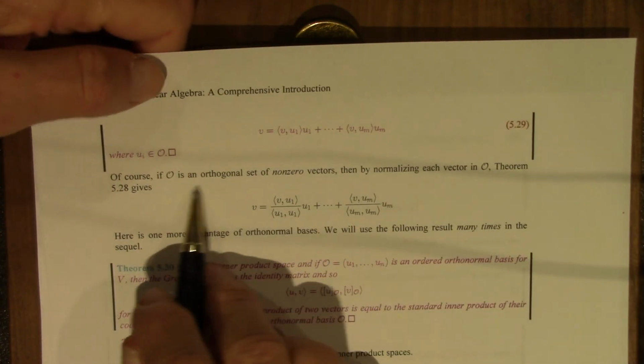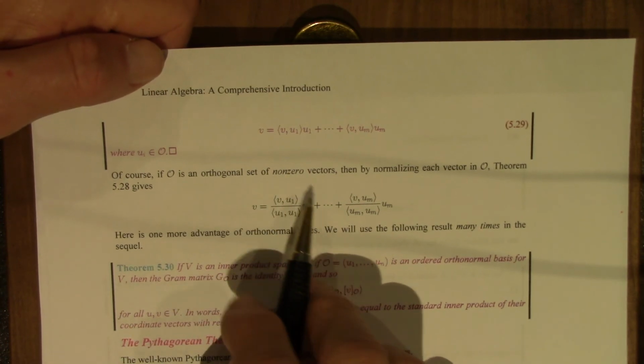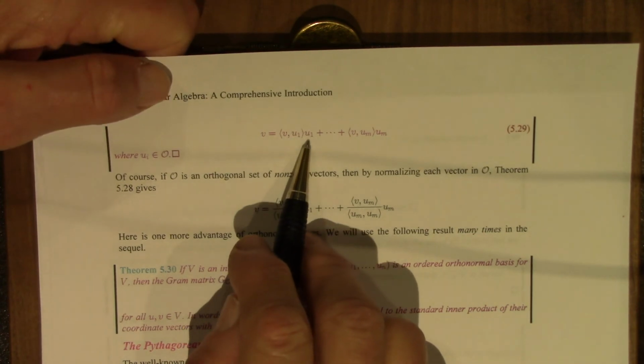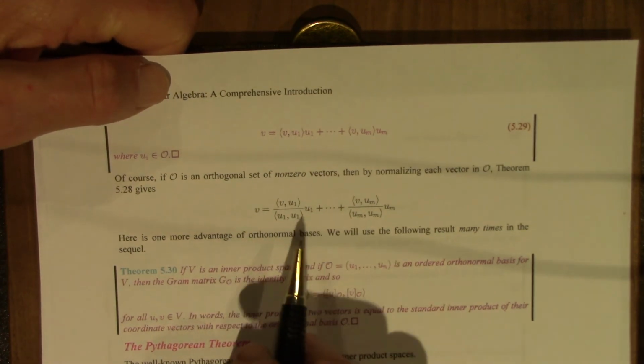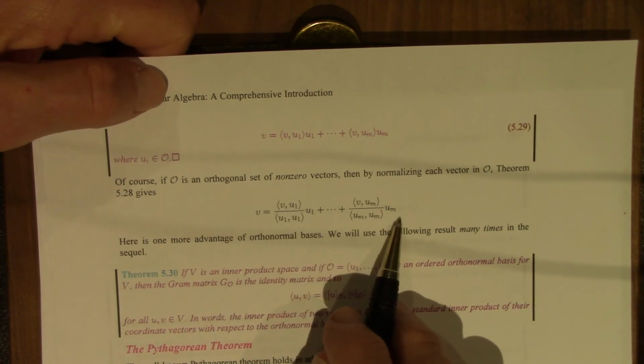And here I mentioned that if O is simply an orthogonal set of non-zero vectors, then we can normalize each of the vectors, and the expression then looks like this.